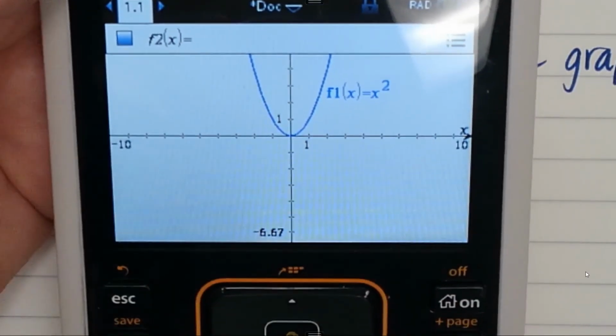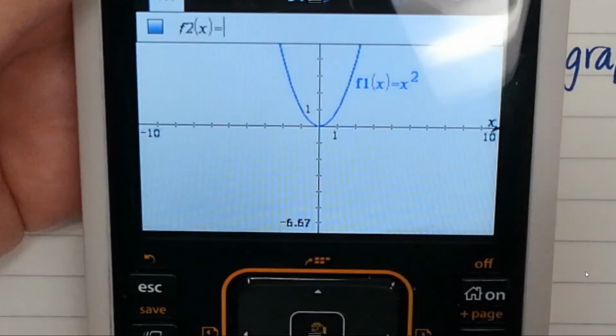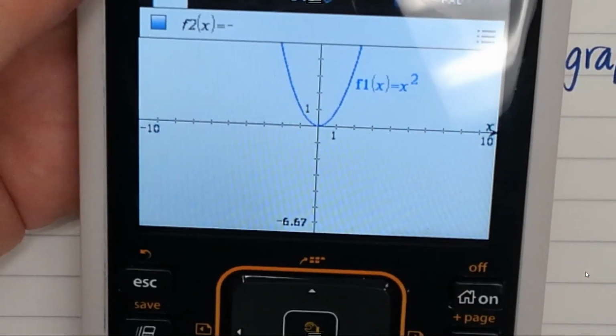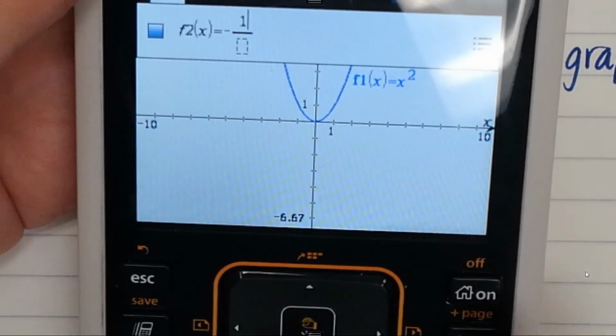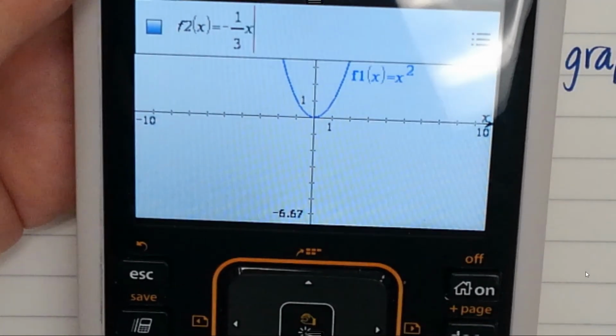That's the second equation. So now we're going to put negative 1/3 x squared. Push enter.